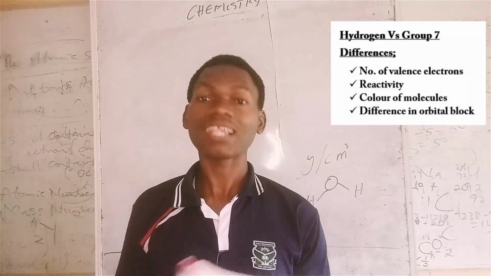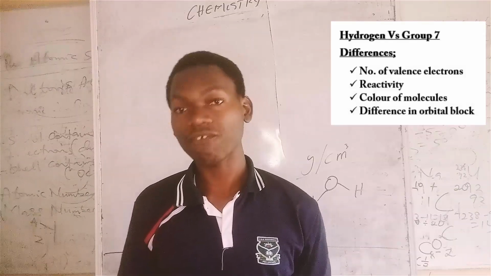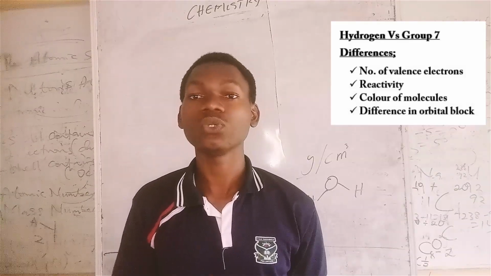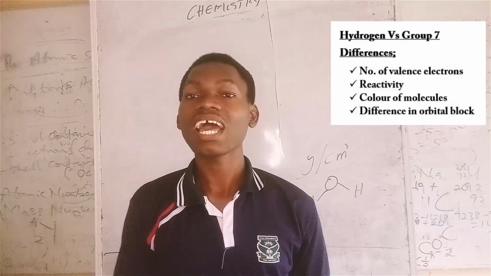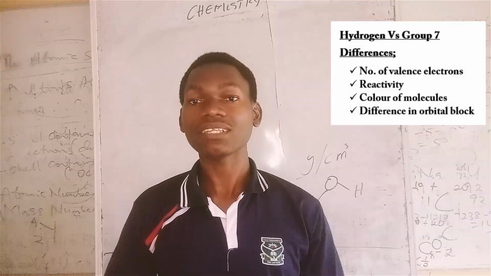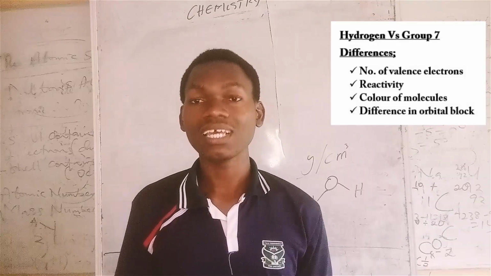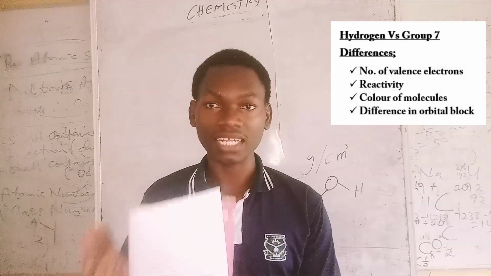They don't have color. And lastly, the type of orbital, the block. Like I said before, under the similarities between hydrogen and group 1 elements, hydrogen is an s-block element, meaning that if we write the orbital configuration of hydrogen, the last orbital there is an s-block.